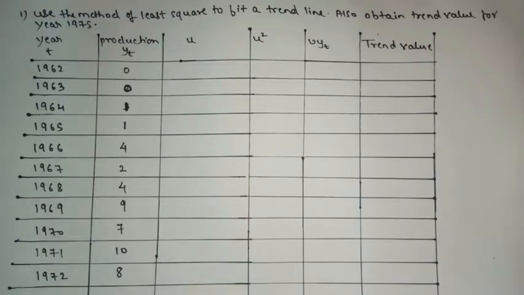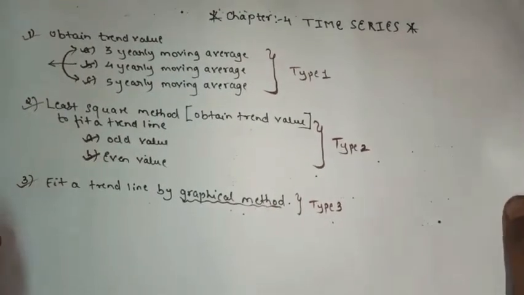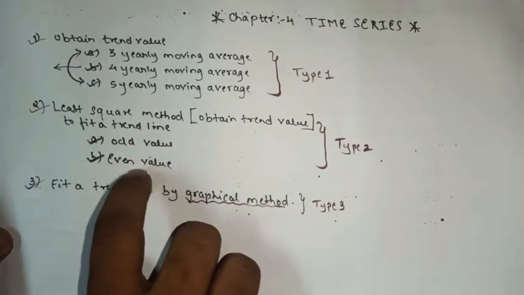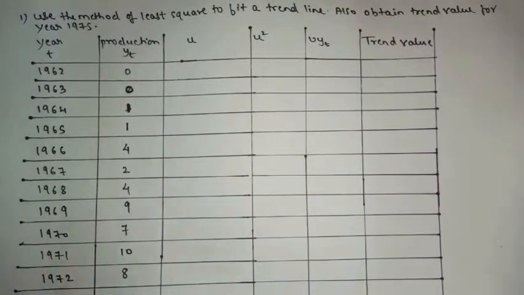As I had explained in the first video, there are two types of sum, one for odd, one for even. Now how will you come to know whether a particular question is even or odd?